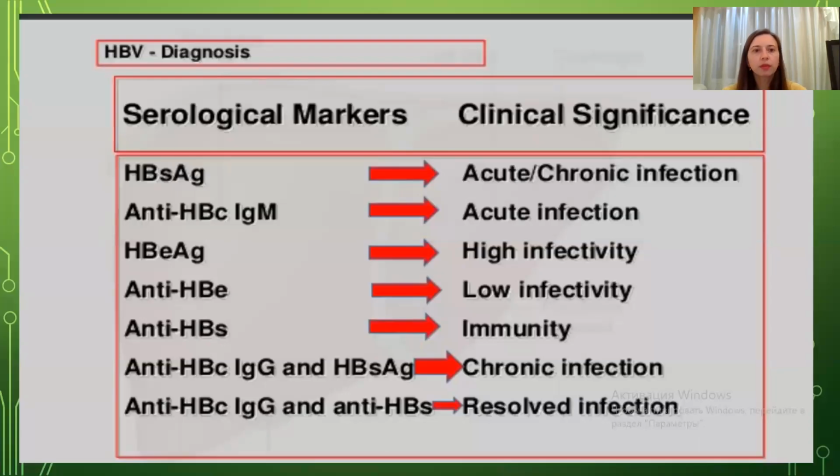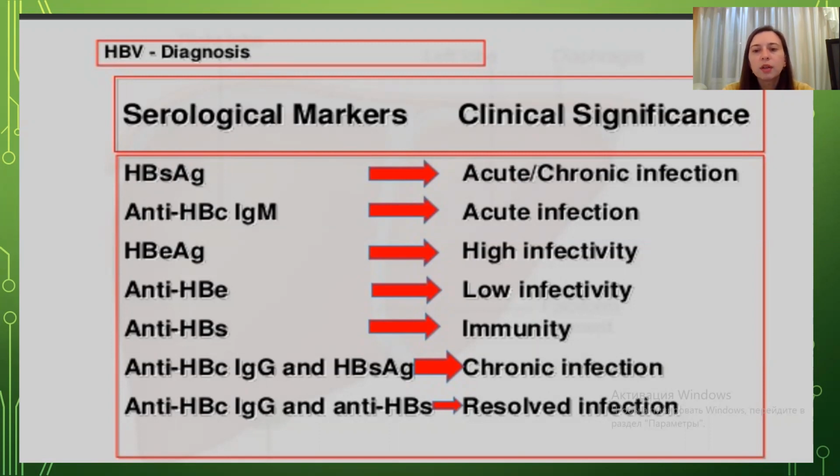So you may see serological markers and clinical significance. HBs antigen characterizes acute or chronic infection. Anti-HBc immunoglobulin G characterizes acute infection. HBe antigen characterizes high infectivity.